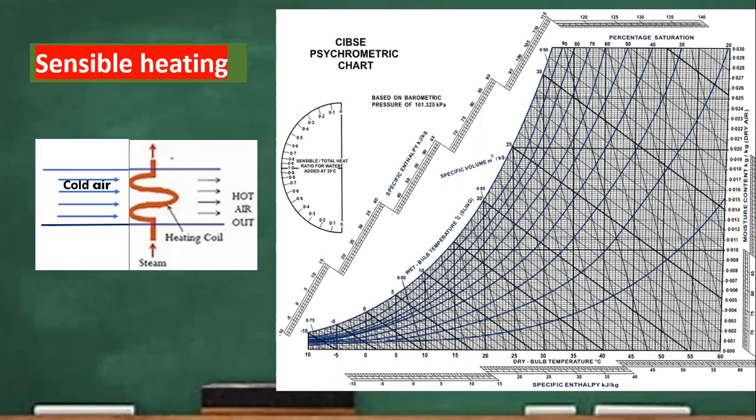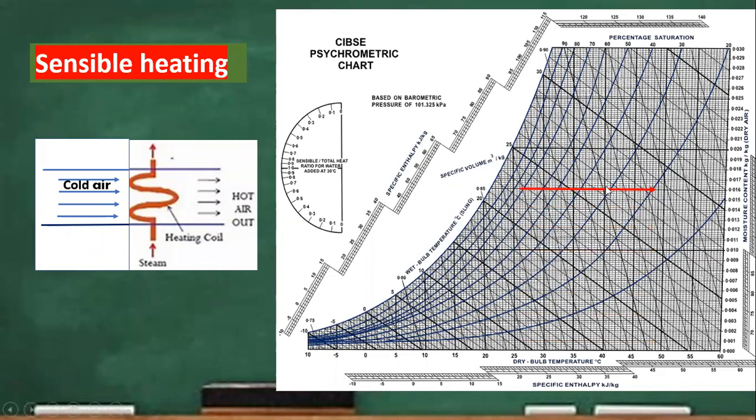As I told you, moisture content is represented by the symbol omega. These curved lines indicate relative humidity lines, and here you will get the enthalpy. All these points we discussed in the previous lecture. If you have not understood, click on this link and you will understand how to represent properties on the psychrometric chart. Now we will represent sensible heating on the chart.